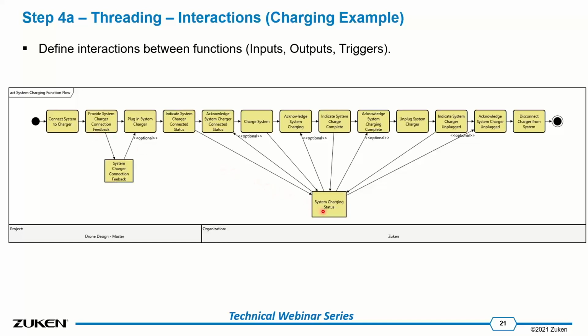Now, as far as the system charging status, in my head, I had it as I was thinking through it. This is some sort of LED light that might be on the drone or on the remote control that indicates the status of charging. And so it might turn on at one point, it might turn off at another point, and so on and so forth. But this is to get a definition of the inputs, outputs, and triggers across the flow.